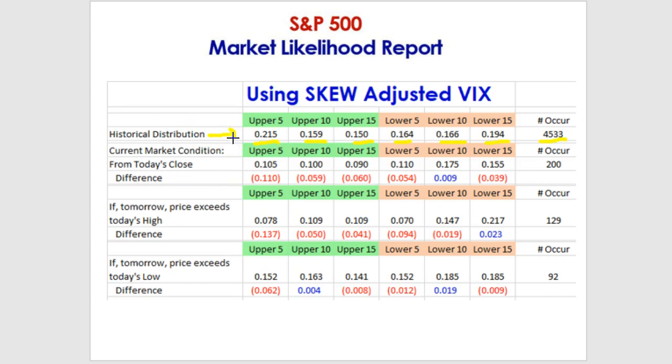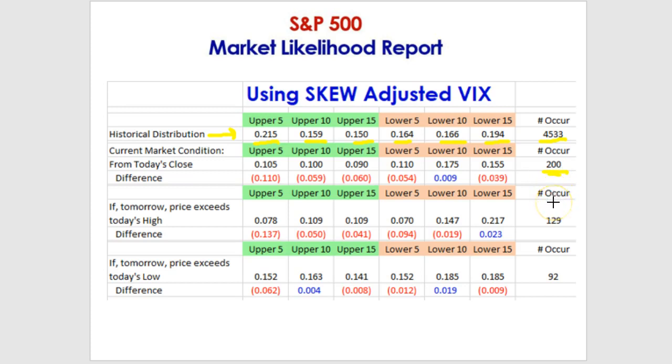Now let's go to, in this case, the 200 occurrences. These are non-consecutive occurrences. The previous 285 include consecutive occurrences. We are wiping out the consecutive occurrences and just using the original ones here.